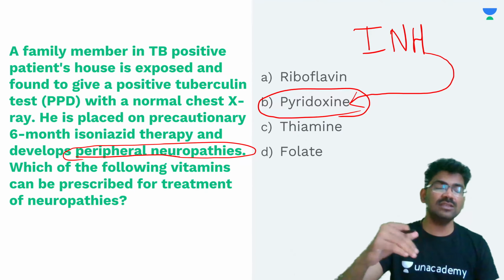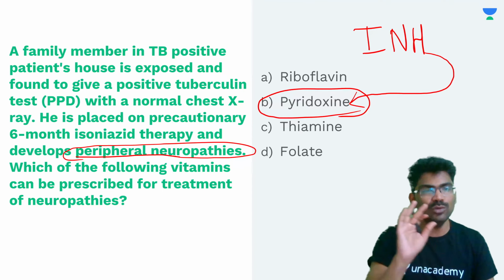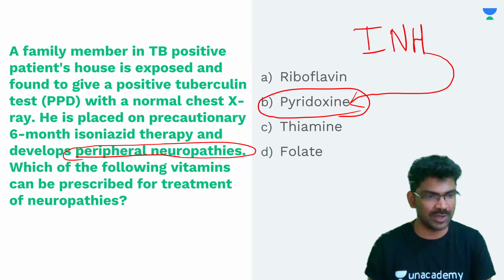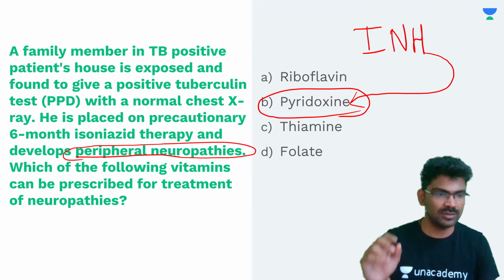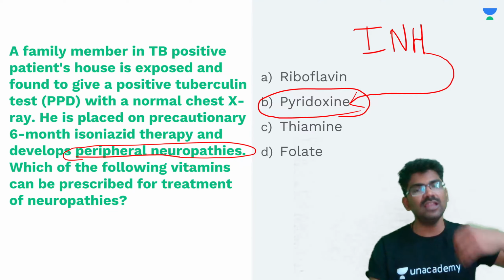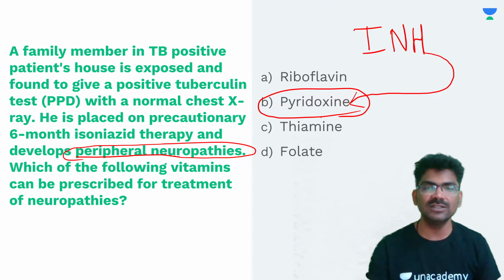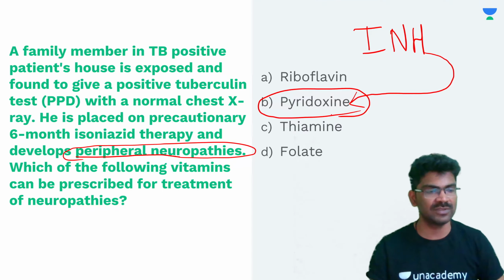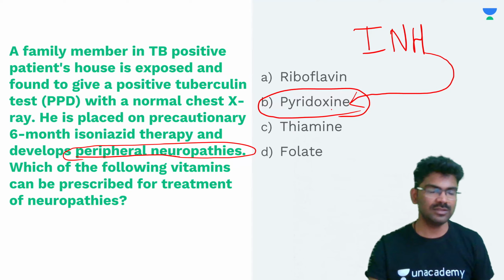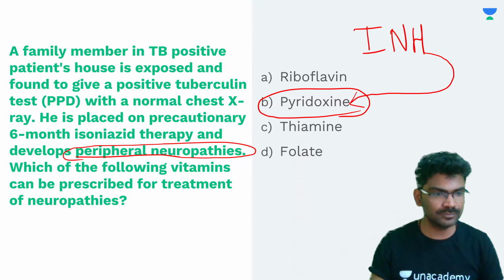Both deficiency and toxicity of pyridoxine lead to peripheral neuropathy. Remember this point also. If pyridoxine deficiency is very chronic, then that will lead to niacin deficiency, so pellagra-like manifestation. Okay, Nitish. But let's not go that much.